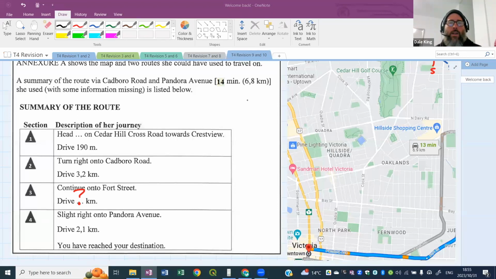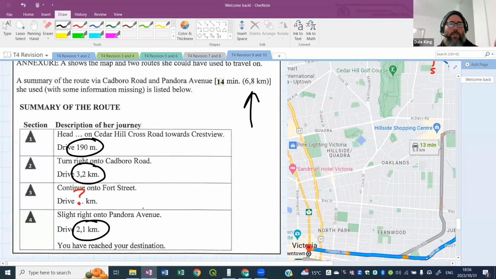Just remember that in the question they say that the total journey takes 6.8 kilometers. So when Google Maps shows you your journey, they show you that your total is 6.8 kilometers. So for this one, what we'd have to do is take these values, 190 meters. Remember, that's meters, 3.2 kilometers, and 2.1 kilometers. And we'd have to subtract it from the 6.8. So we'd have to say 6.8 minus.